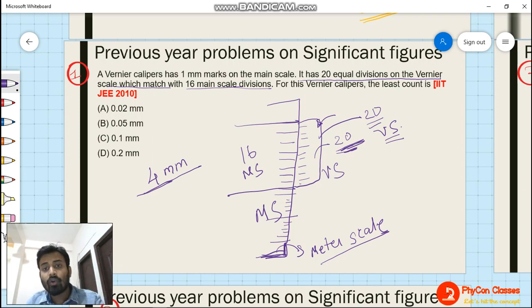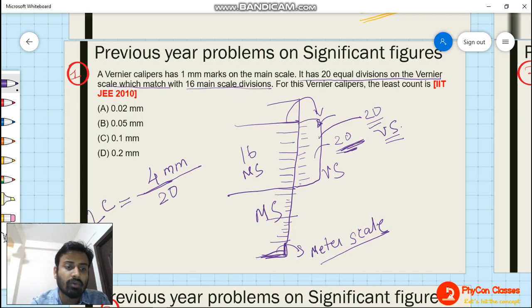This 4 mm on the main scale is being divided into 20 graduations on the vernier scale, and hence the least count of this instrument will be 4 divided by 20 mm, that is 1 by 5 mm, which equals 0.2 mm. So the answer here will be option D.